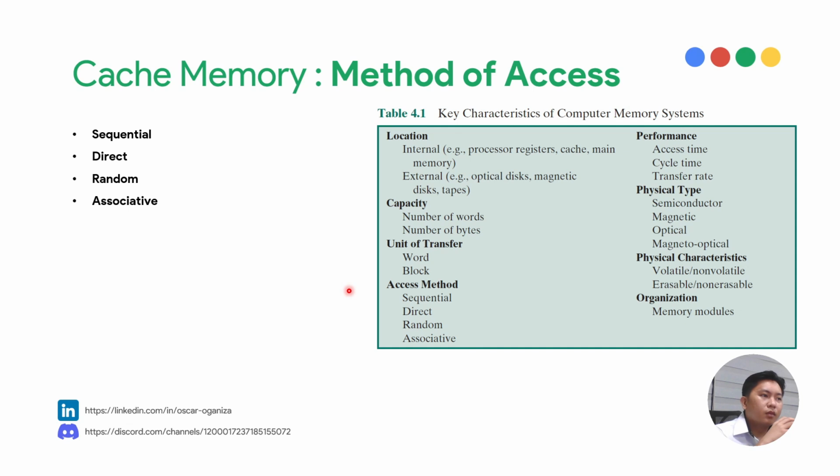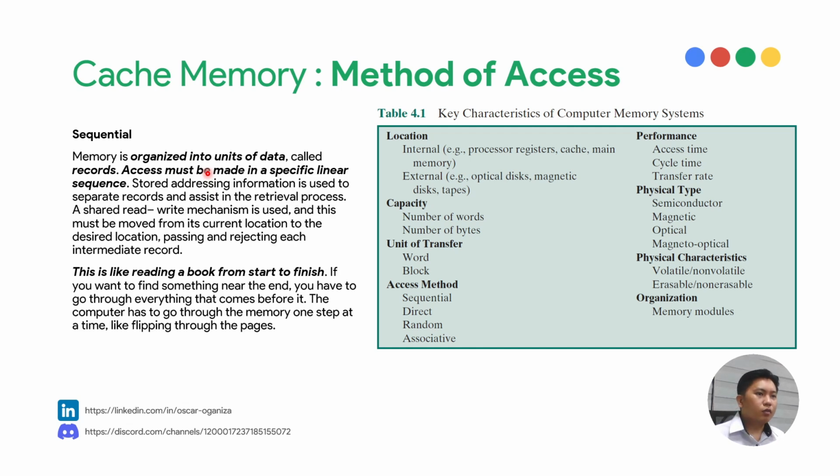No? So it's part of the characteristics of computer memory systems. As you can see, the 4 methods of access in cache memory. We have the sequential, the direct, the random, the associative method of access. So let us define each kind of access.